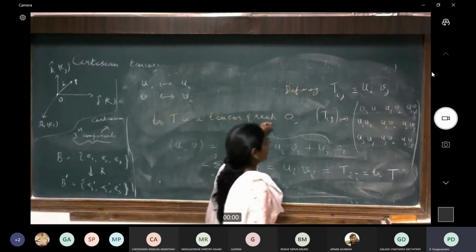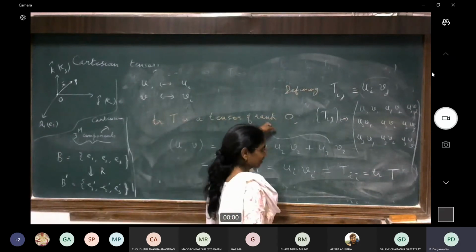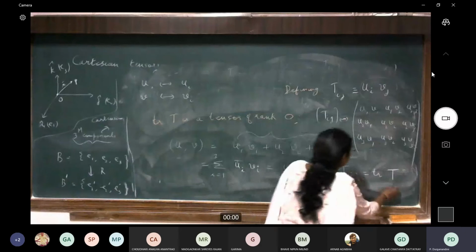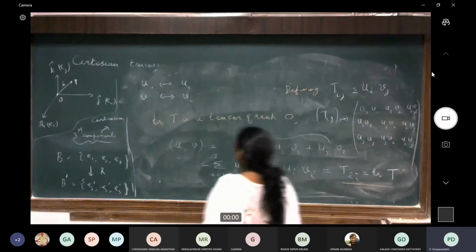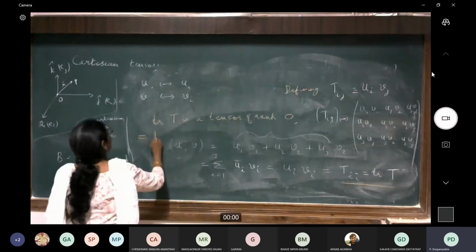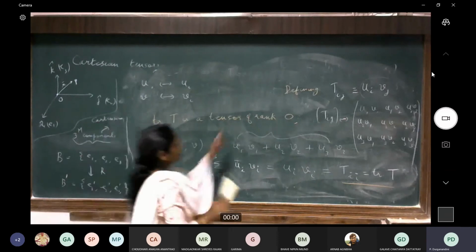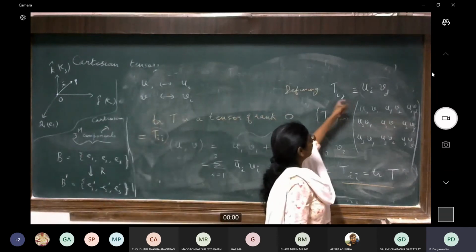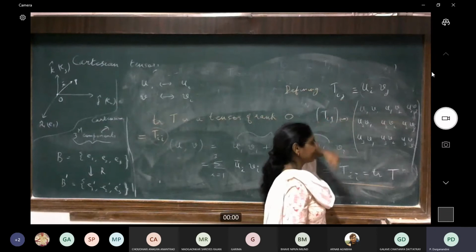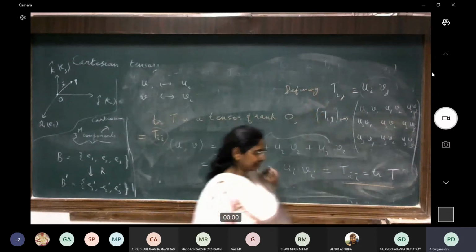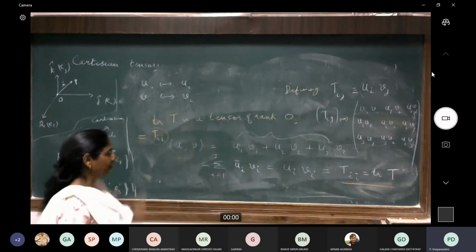And it therefore remains invariant; it doesn't change under rotations. And if you look at the way we have defined the trace of T, it's nothing but Tii. So essentially what we did was put these two indices the same, and then sum over the equalized indices. Okay, and that gave me a scalar quantity.